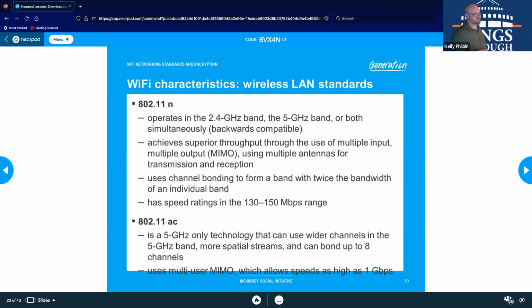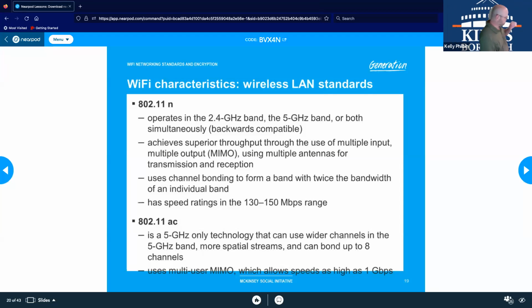With the implementation of this, you now are able to have more devices talking all at the same time, speeding up the communication process and the throughput out of your network. All right. Questions on this?